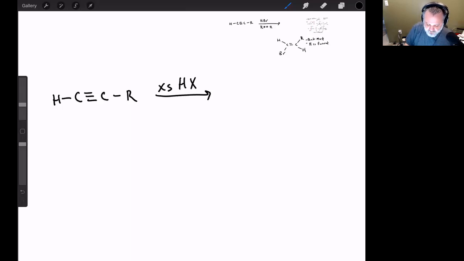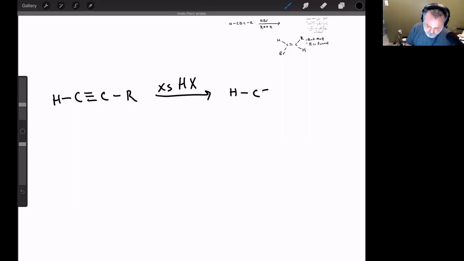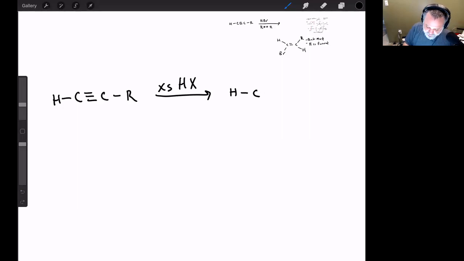The outcome of this reaction is you get the alkane back, but now we're just going to add X twice. That's all there is to it.